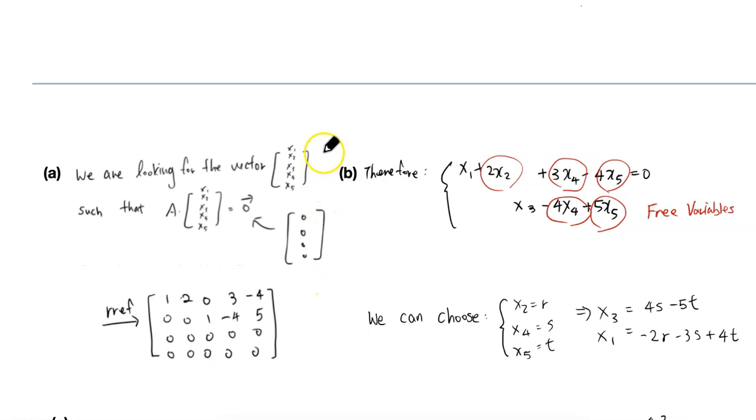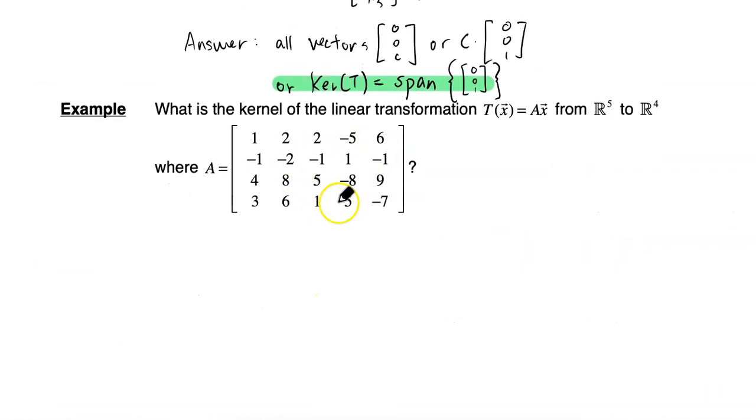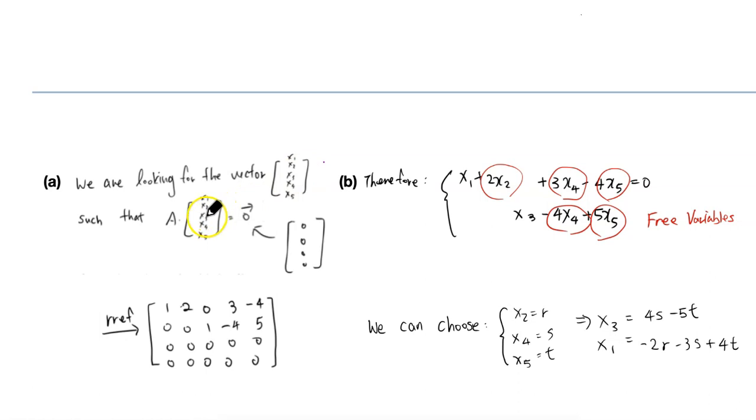So we are looking for vectors such that A times that vector we are looking for is equal to 0. So A times x1, x2, x3, x4, x5 equals 0. And that 0 has only 4 components. The output would be a 4-dimensional vector. So if you put this into your TI-Nspire and you look for RREF, which is a shortcut that we will typically do for large matrices whose order is large, this is what you get in the end.